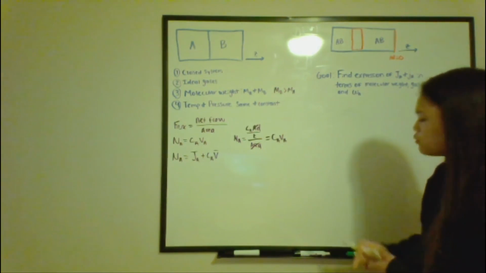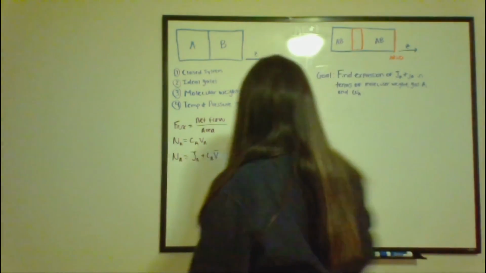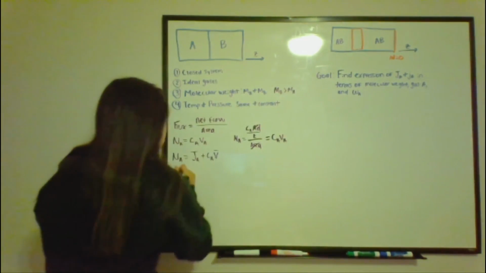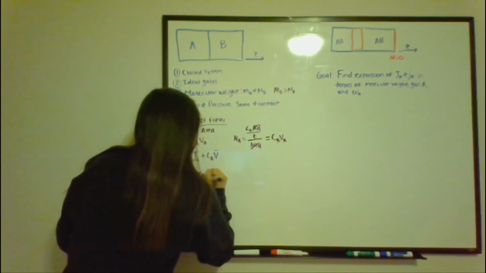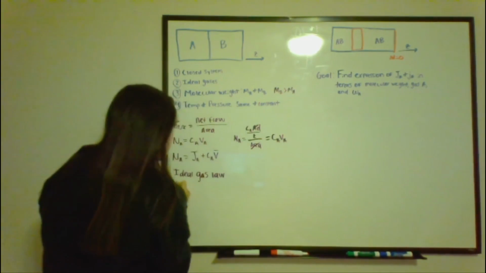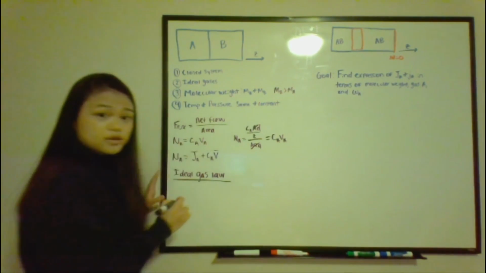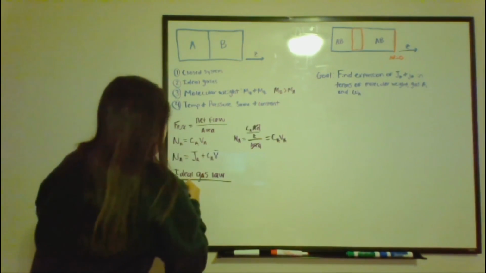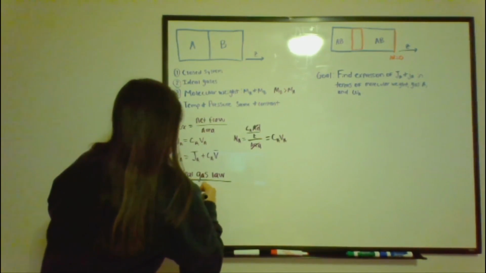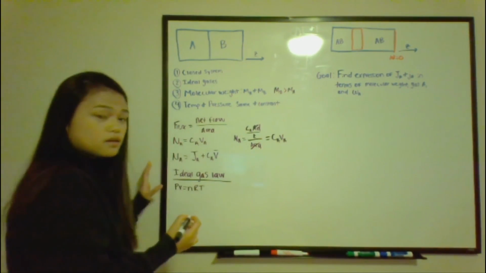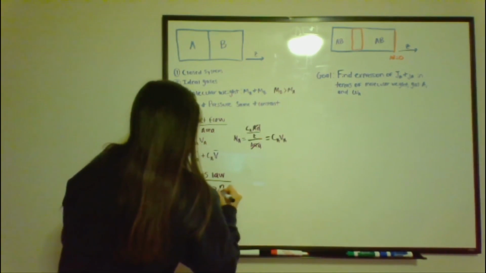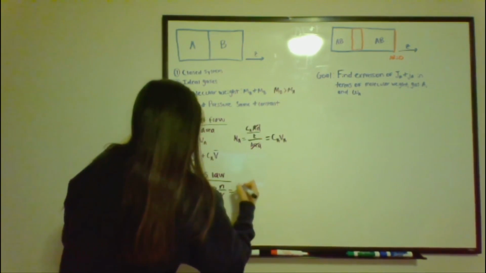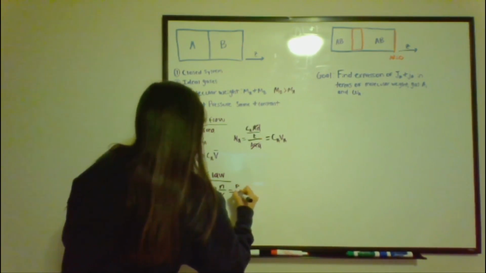Now, why is that? Well, we can look at the ideal gas law. We all know this general equation, PV equals nRT. Now, let's put this in a different form. The amount of moles over volume equals P over RT.